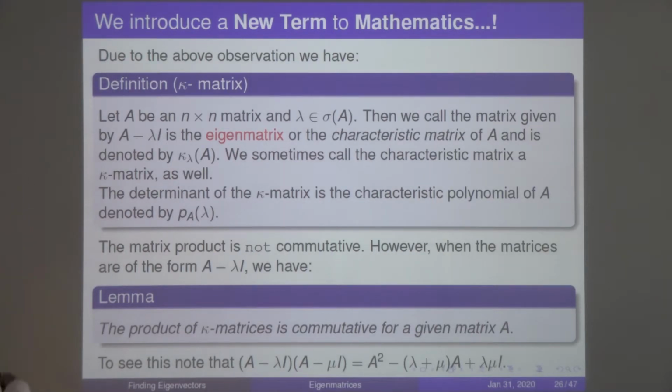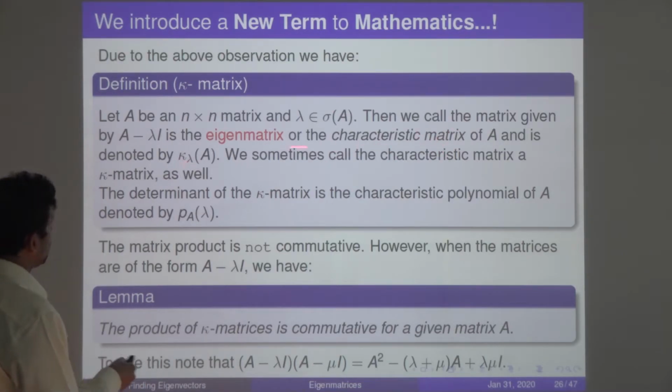Let's talk about new theories that we developed throughout this research. We define what we call a kappa matrix, or the eigenmatrix. Let A be an n by n matrix, and you pick a lambda from the spectrum, and we call the matrix given by A minus lambda I the eigenmatrix. This is your familiar matrix, but the reason we call it this is that it produces the eigenvectors, or the characteristic matrix.